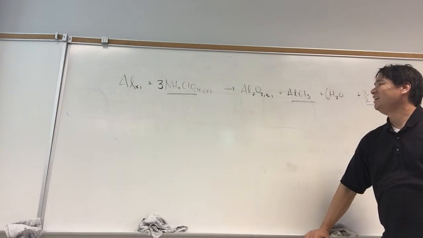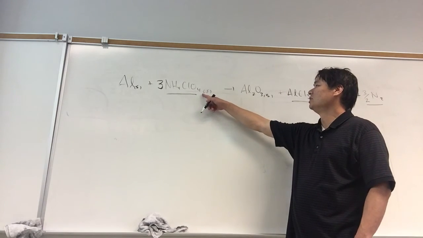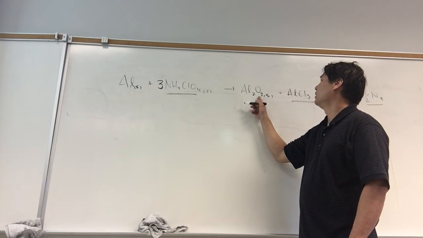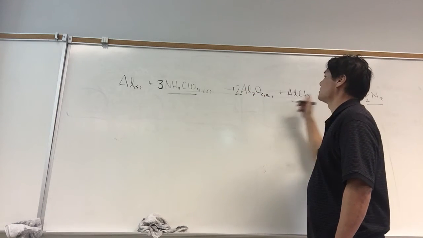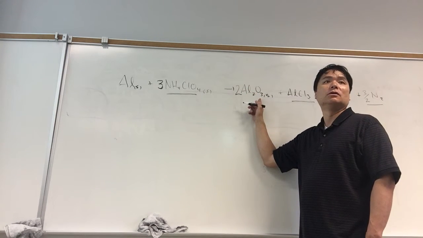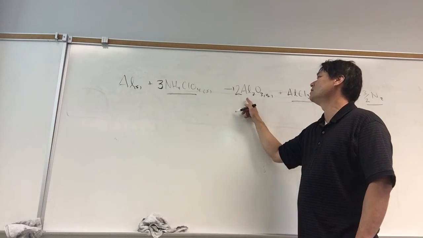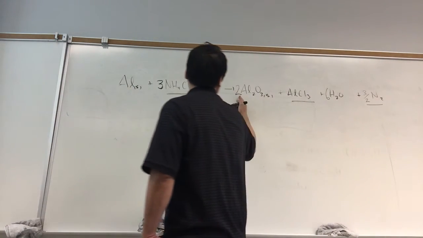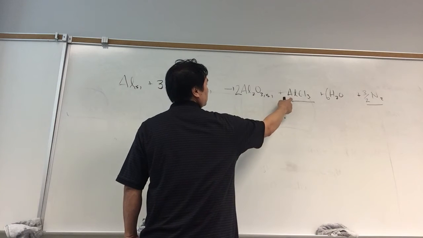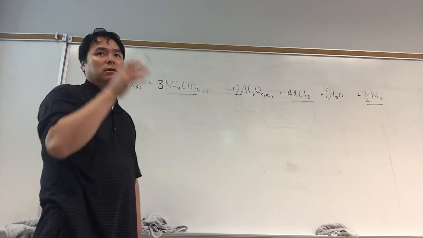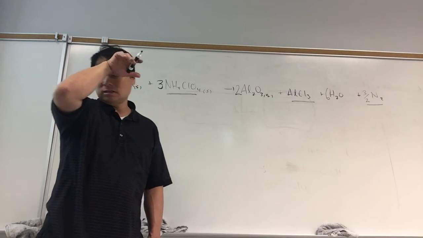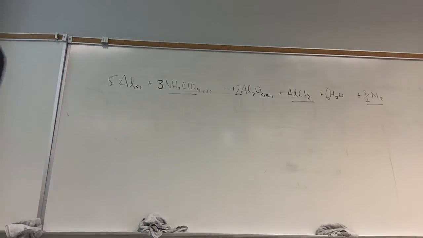And so the only way to boost the number of oxygens would be to go from 3 to 6. So I got 6 oxygens plus 6 oxygens, which would give me 12 oxygens, and then just balance the aluminum. So that gives me altogether 4 plus 1 is 5 aluminum, so we get 5 aluminums here. And so this strategy, sometimes it's just luck, balance, it works out or it doesn't work out.